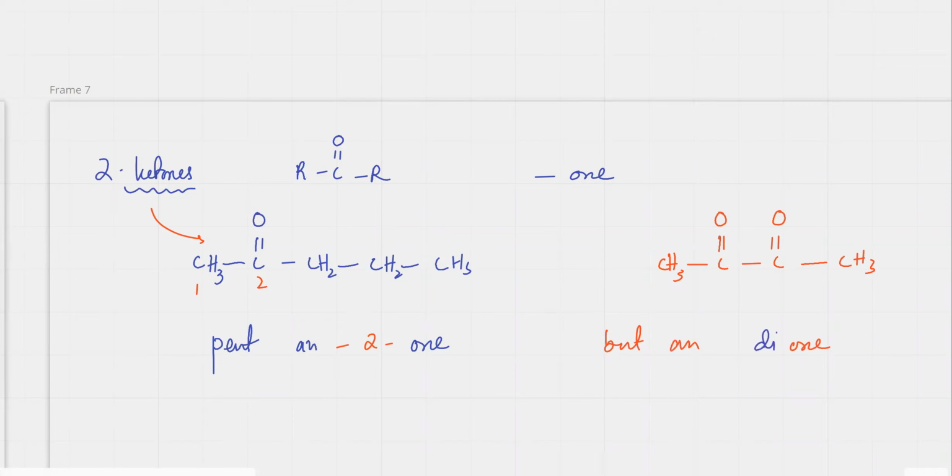And you have to give the position. You can count from either side, it doesn't really matter in this case. So this would be at 2, this would be at 3. So it's going to be 2,3-dione. That means butanone, but 2 ones, that means dione, and 2,3-dione is the position of the 2 ketones. Is this clear as well?